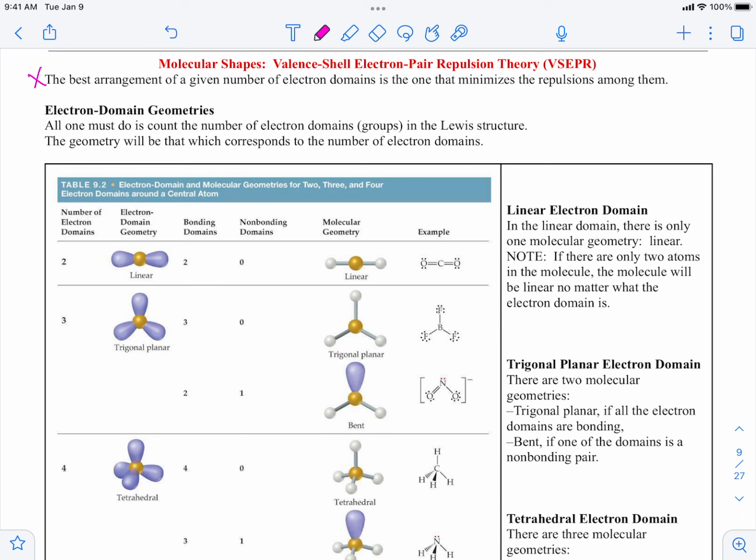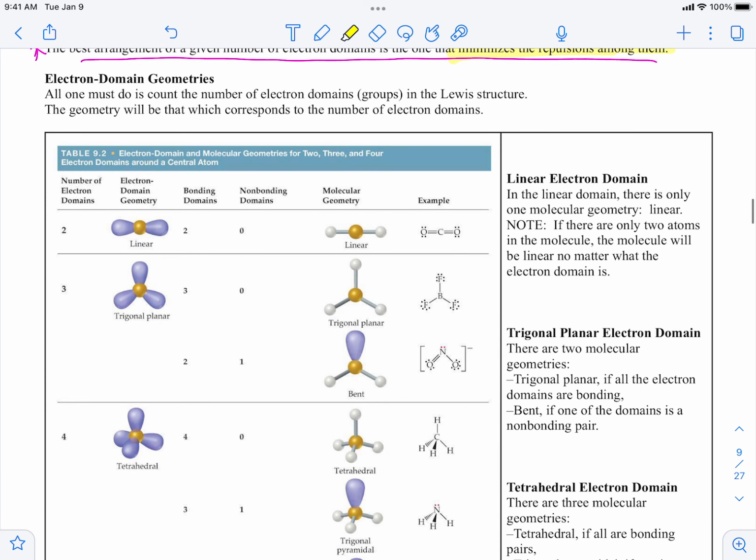So, if asked, what is the driving force behind VSEPR? It is that the best arrangement of a given number of electron domains is the one that minimizes the repulsions among them. That is why molecules have the shapes that they do. So, let's look at the different families. The first thing you should realize about any Lewis diagram is how many electron domains there are.